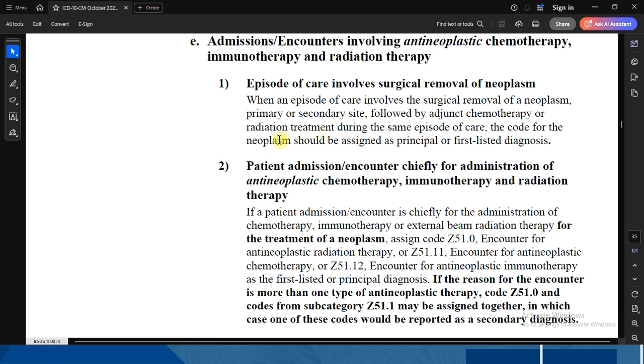So we need to code breast neoplasm or breast cancer as the principal or first listed diagnosis. Basically, remember we can use these same guidelines for outpatient as well as inpatient coding.